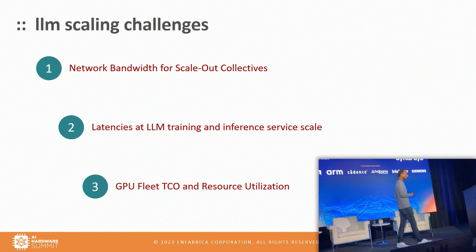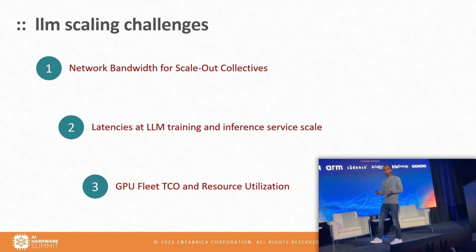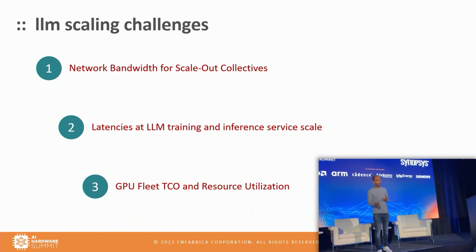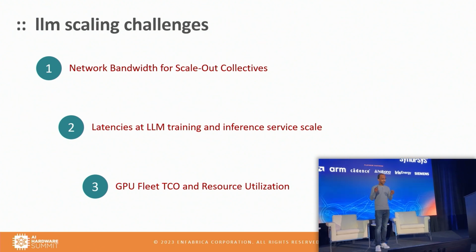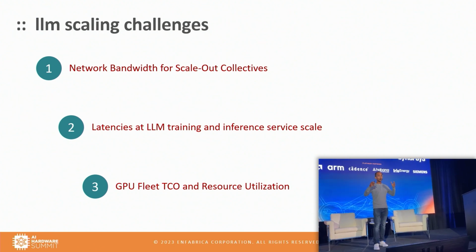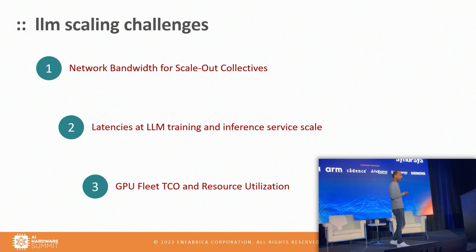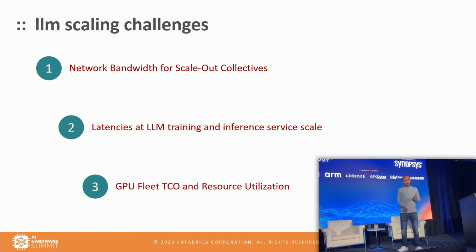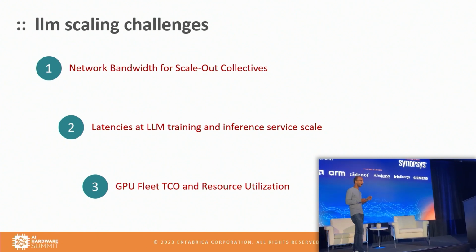The second challenge: LLMs are latency sensitive, right? You enter a prompt, you want a response fast. The latencies that are involved at training and inference service scale, when we think about where LLMs will be a year from now, 3 years from now, get increasingly challenging because of the computational density of the problem. And then the last problem, which I think the previous panel talked about and is universally understood, is simply the cost.